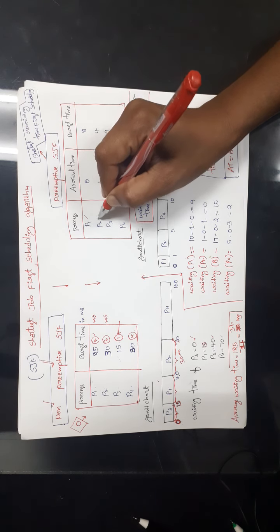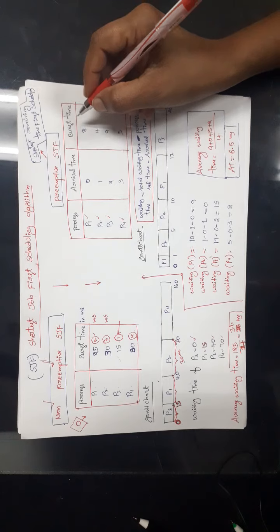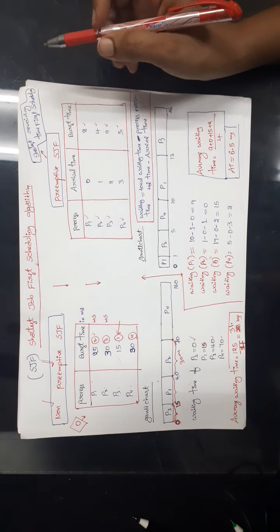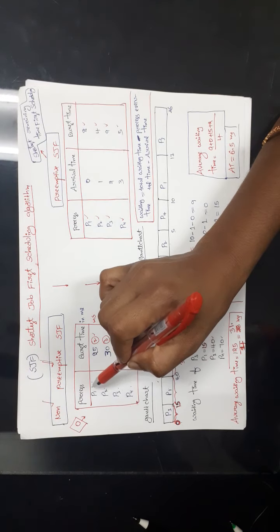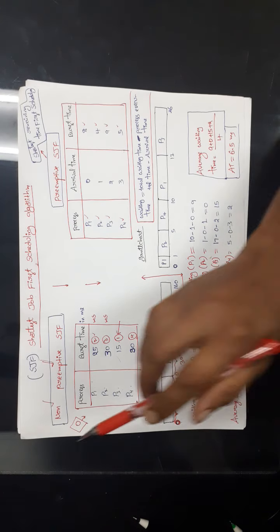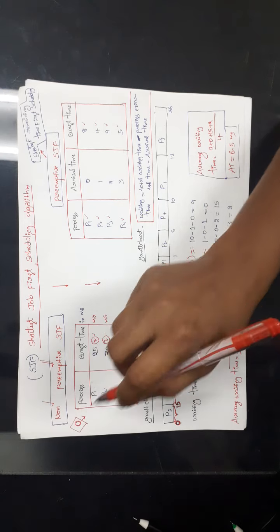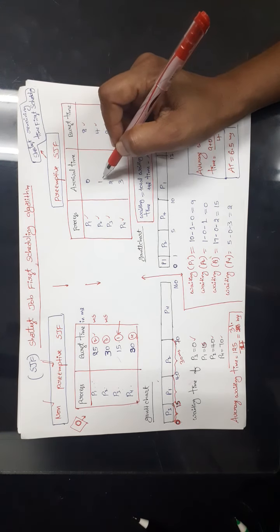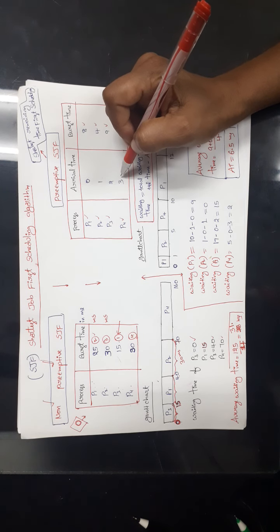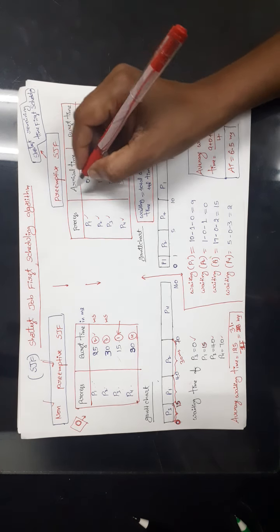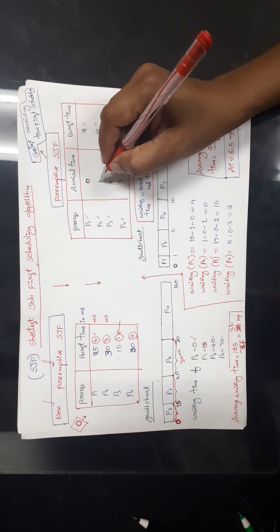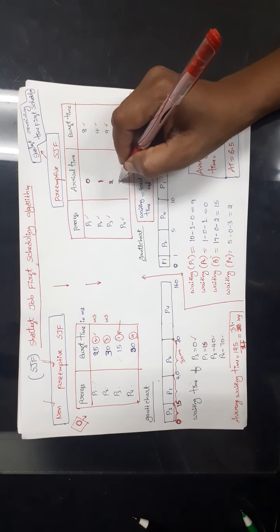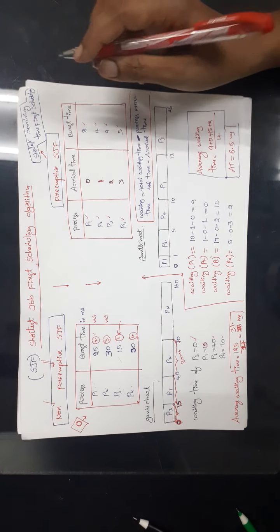Here I have processes P1, P2, P3, P4, and here I have written the burst time of each process. Here the arrival time of each process is different. P1 has entered first, after 1 millisecond P2 entered, after another millisecond P3 entered, after that P4 has entered into the queue.